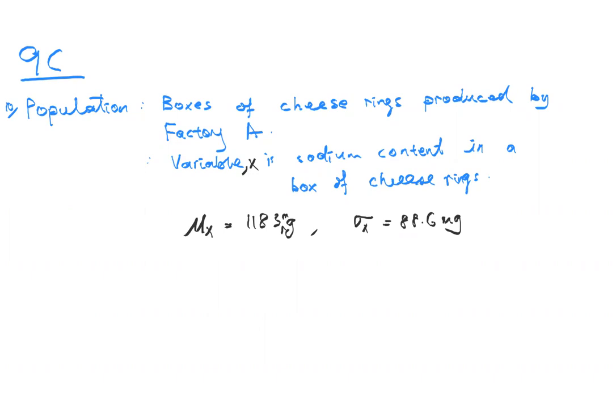So in this question, if I want to make it my folio writing, I can have 3 variables involved. I can have the sodium content. I can have the weight of a box. I can have the weight of a ring. And I can even talk about the number of cheese rings that can be in the box.